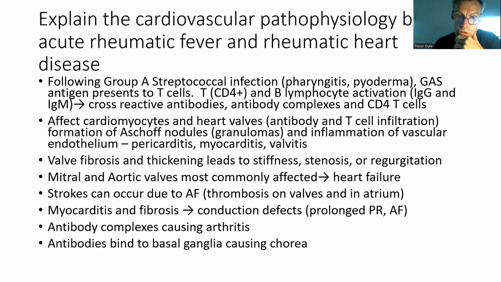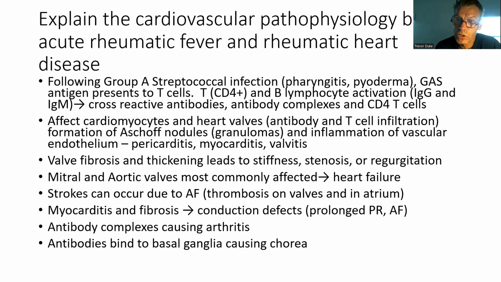So anything that causes pathology of the left and right atrium, particularly the right atrium, well, both atria, can lead to atrial fibrillation. And this can just be because of the antibody complexes or the inflammation that exists within that from acute rheumatic fever.